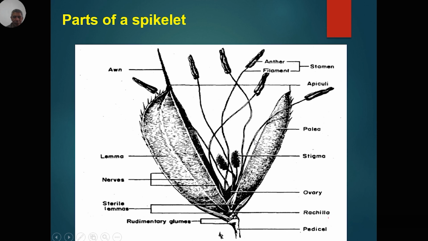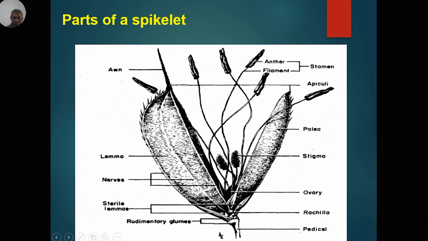And of course, there are other parts of the spikelet. We have the awn, then the rudimentary glumes, the sterile lemma.